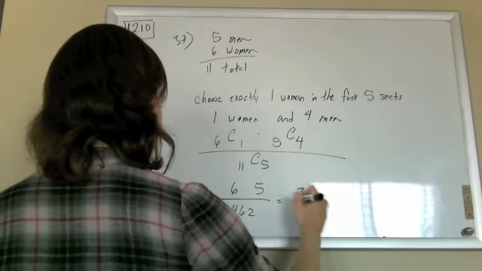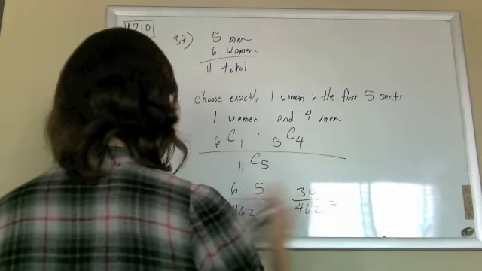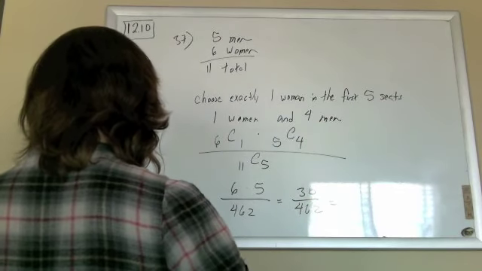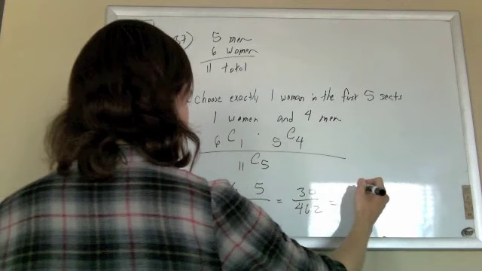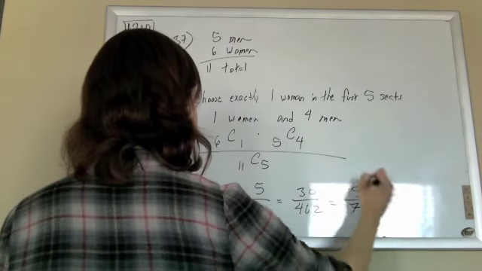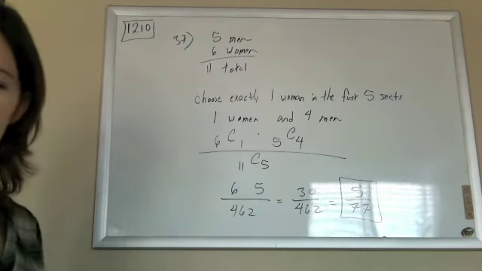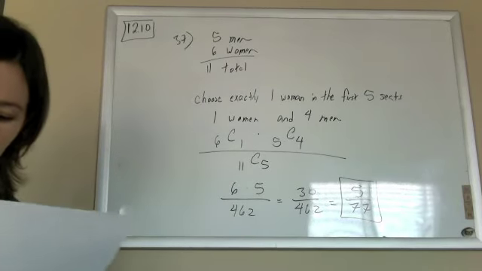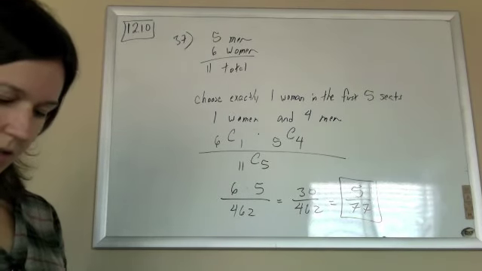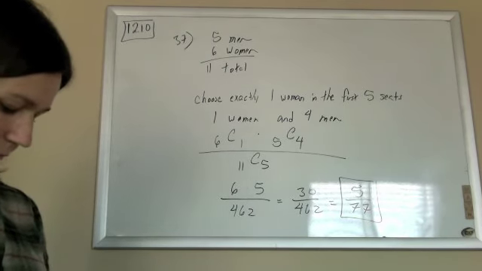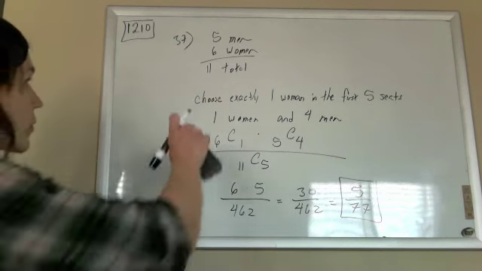So we have 30 over 462, which simplifies to 5 out of 77. Excellent. 41.